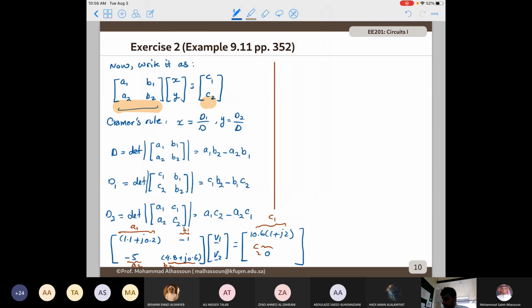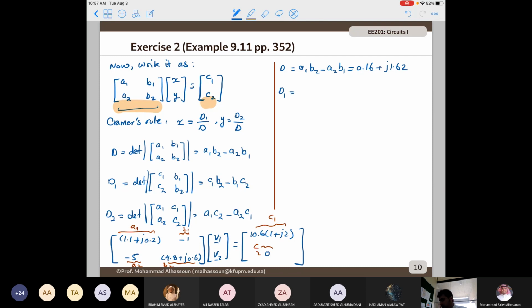So D is going to be A1 B2 minus A2 B1, and if we solve for it, we'll end up with 0.16 plus j1.62. I'm sorry, this is D.